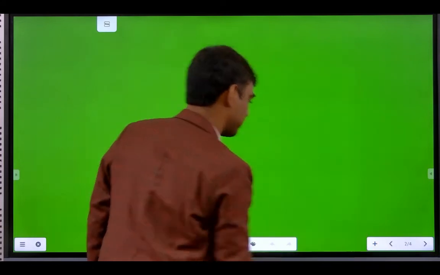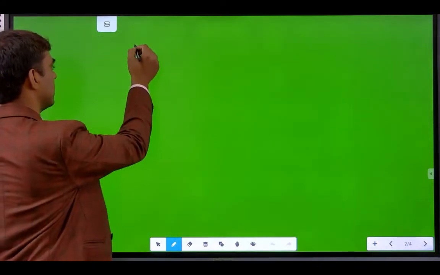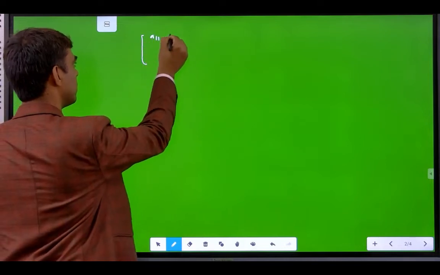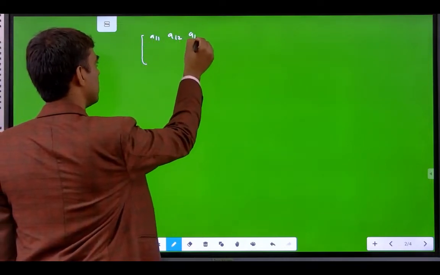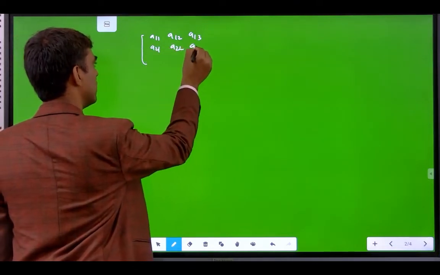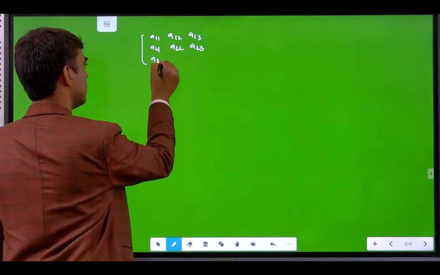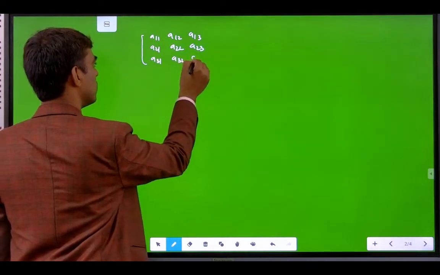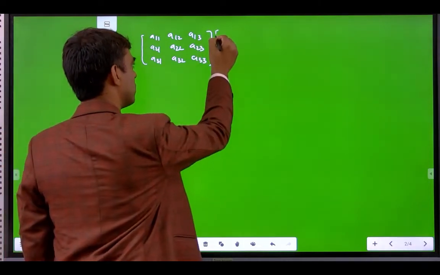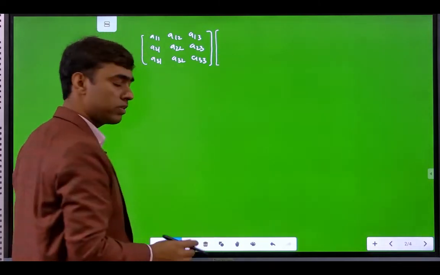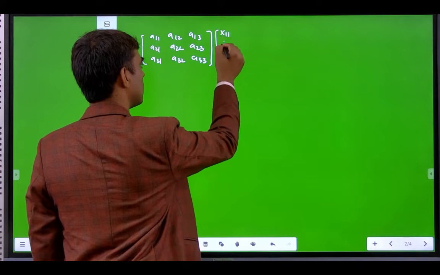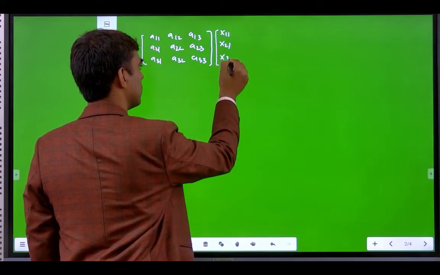Now we write all these three systems. The first system is the matrix with entries a11 to a33 multiplied by the unknowns, which are the values of the first column of the inverse matrix, x11, x21, x31.